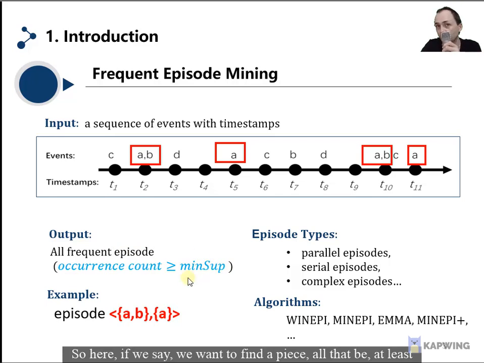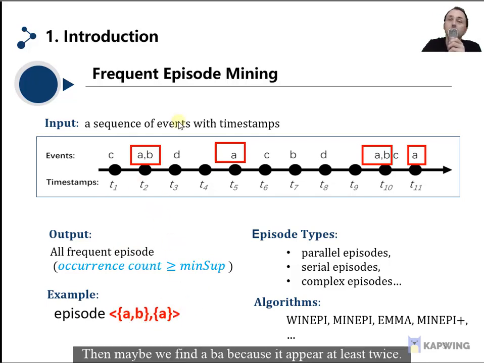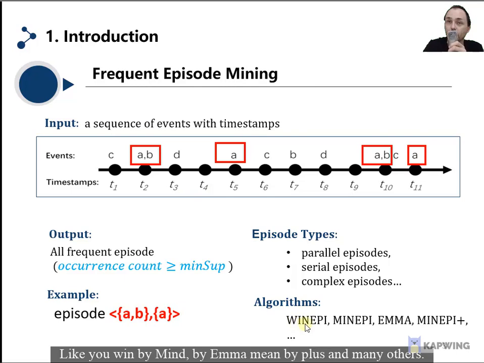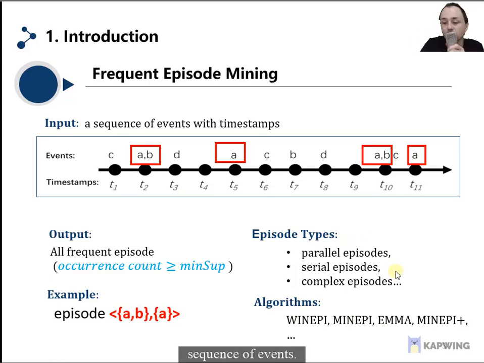So here, if we want episodes that appear at least twice, then we find ABA because it appears at least twice. There have been a lot of algorithms to find episodes in a sequence of events, like WinEpi, MinEpi, EMMA, MinEpi Plus, and many others. There are also different types of episodes that we can find in a sequence of events.